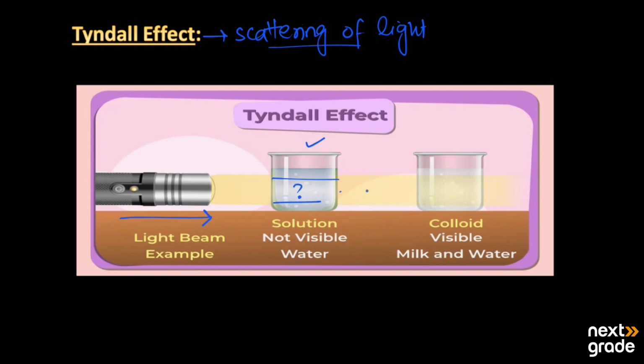But when the light passes through colloids or suspensions, we can easily see the path of light. This is known as the Tyndall effect, or the scattering of light. Suspensions as well as colloids scatter light when it passes through them, so the path of the light is visible.